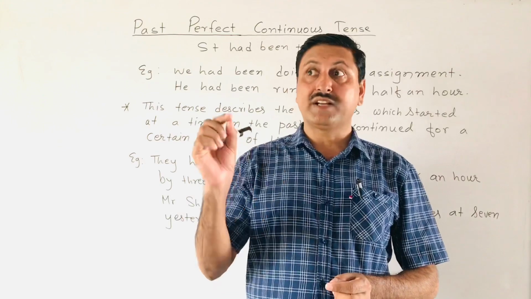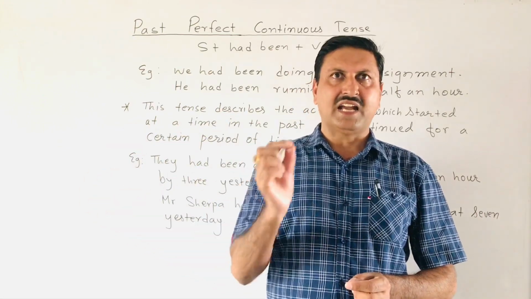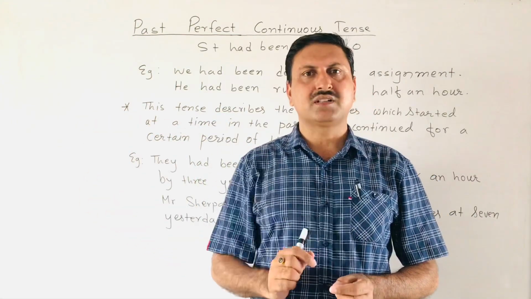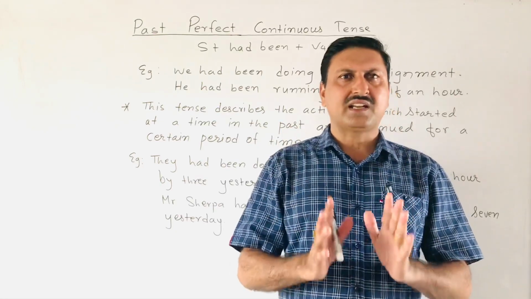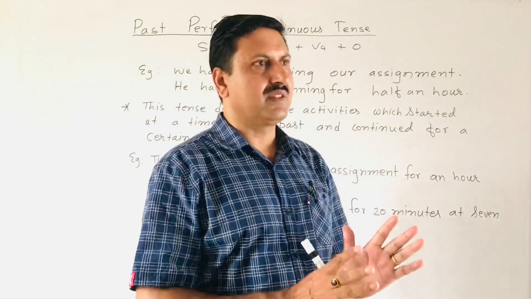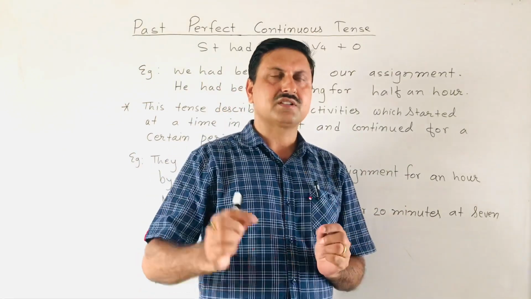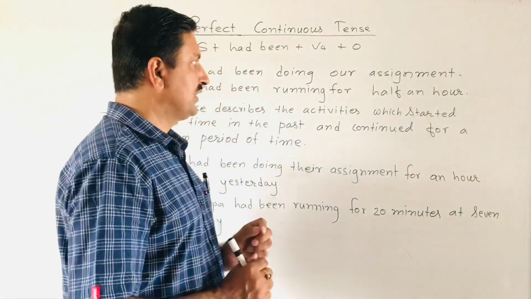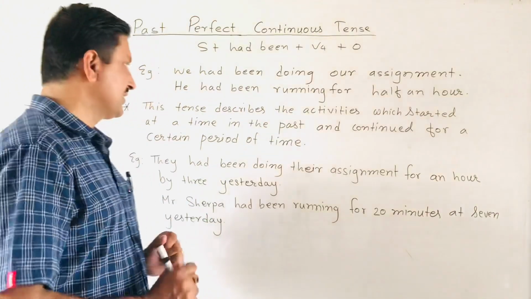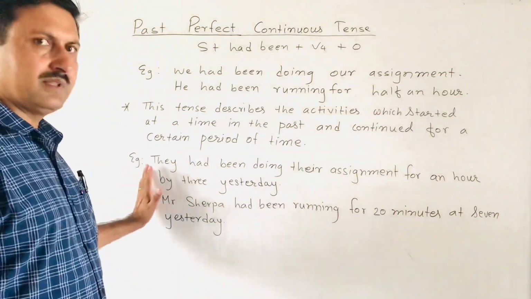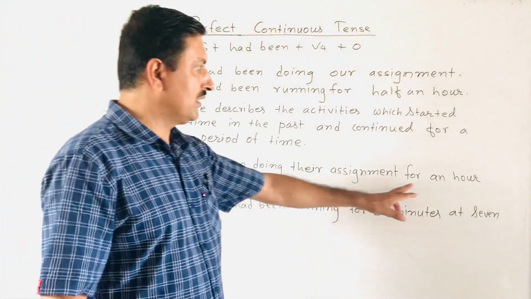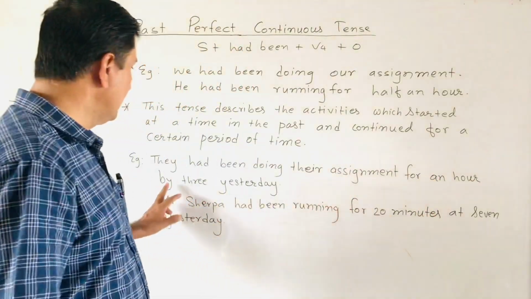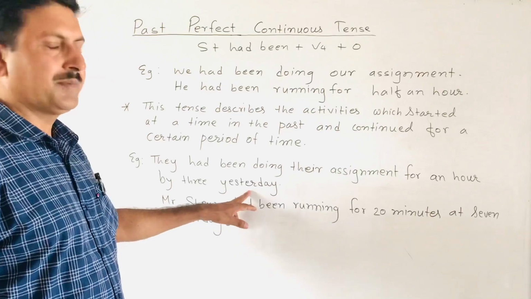He had been reading English. He had been doing his assignment. In this way, to indicate that an action started at a time in the past and continued for a certain period of time, we use past perfect continuous tense. Examples are here. They had been doing their assignment for an hour by 3 yesterday.